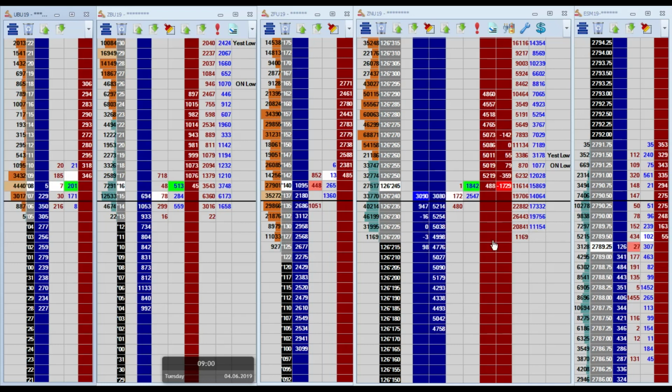That told us that buyers were starting to absorb selling at this level. Look at this fucking thing. So that was kind of our trigger to enter once we saw that volume node start to develop.